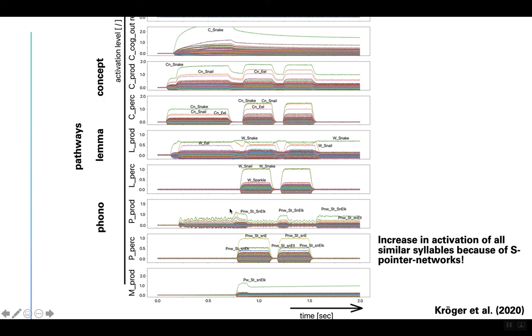So now, if the phonological cue is given, we get a slightly higher activation at the production level, which then, at least here, leads to a slightly higher activation and to a lower activation of a second word, which here had the same level and is in concurrence with this correct word.